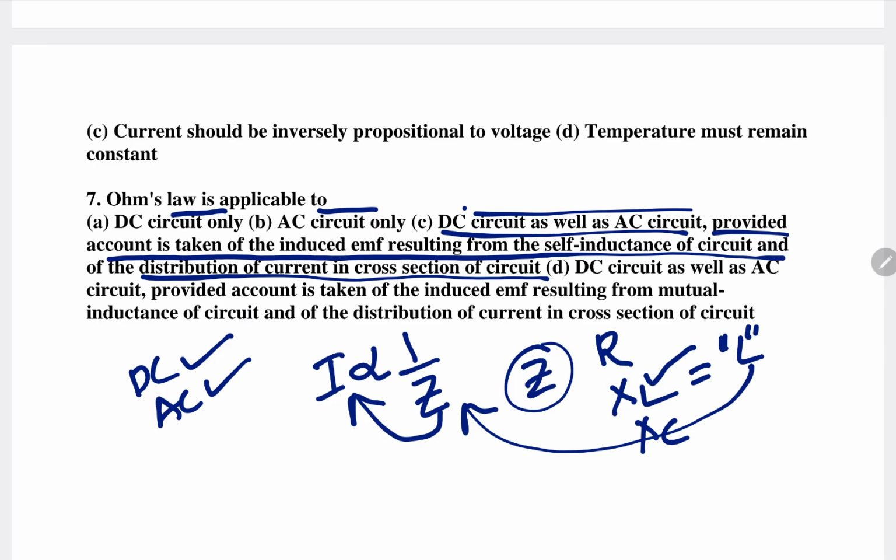Most of the time we don't get mutual inductance in all circuits, but self-inductance will come in the circuits. Therefore the answer is C. Mutual inductance comes only in coupled circuits or transformer circuits. So the answer is C.